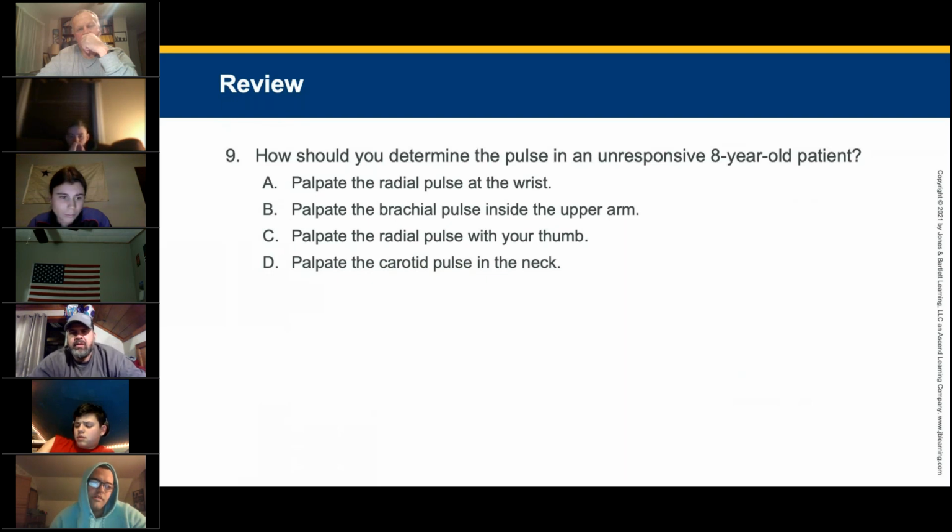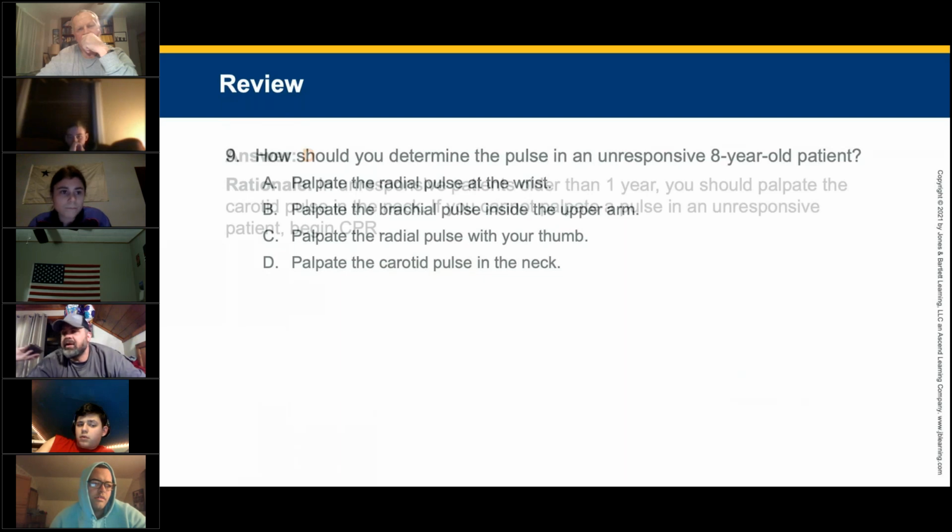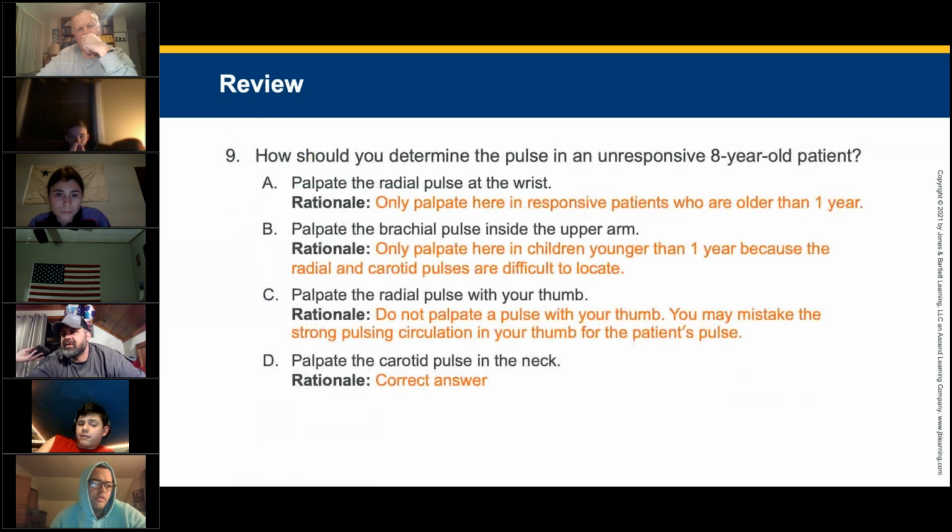D. We always go for the carotid pulse in the neck first. And we never palpate with our thumb because our thumb actually produces its own pulse.